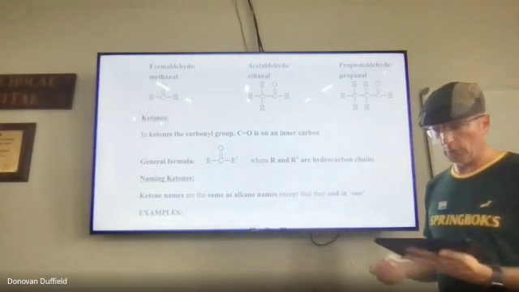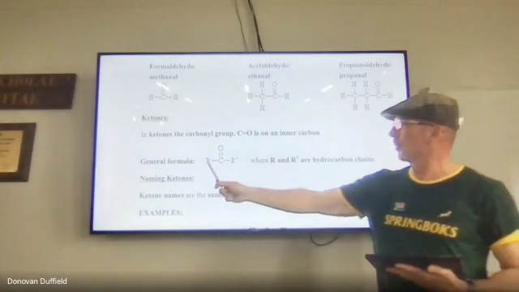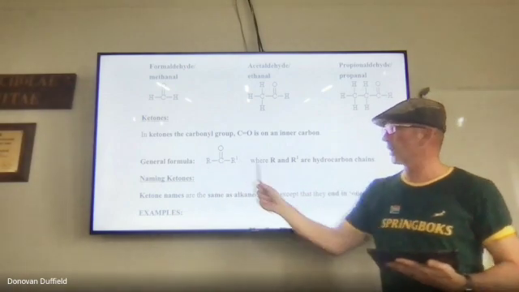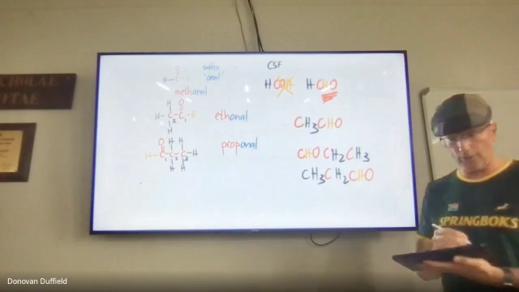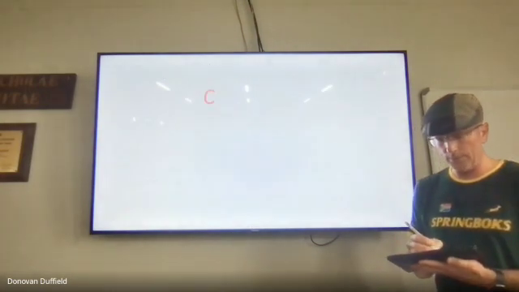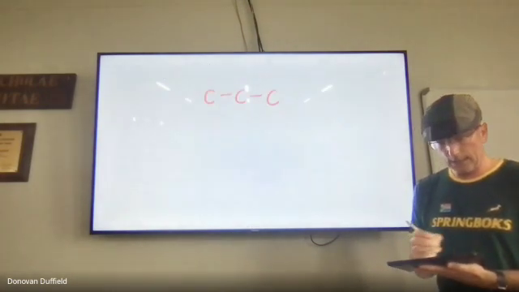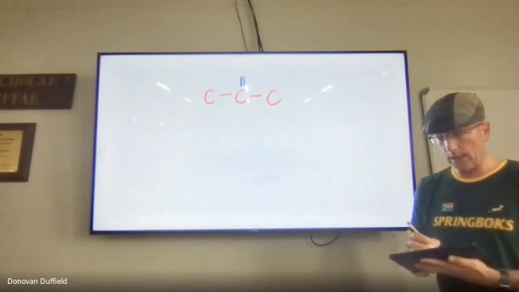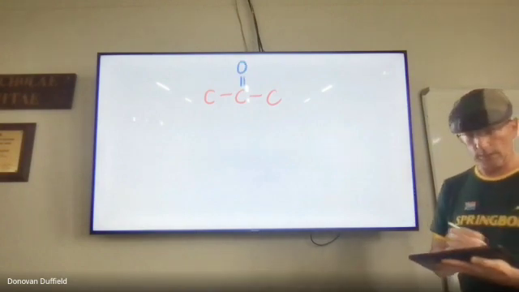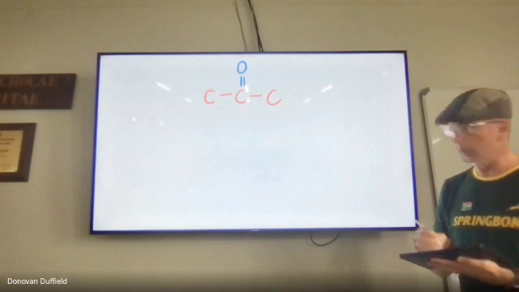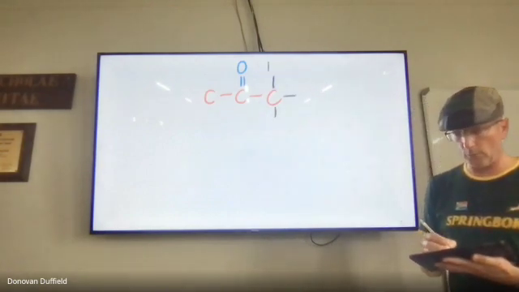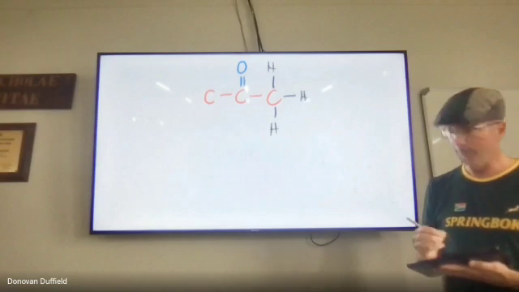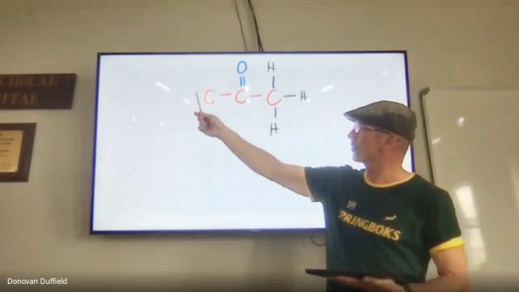So if we now go C, C, C, and there's our carbonyl group, then on this side we've got 1, 2, 3, 4 hydrogens, and on this side 1, 2, 3, 4.